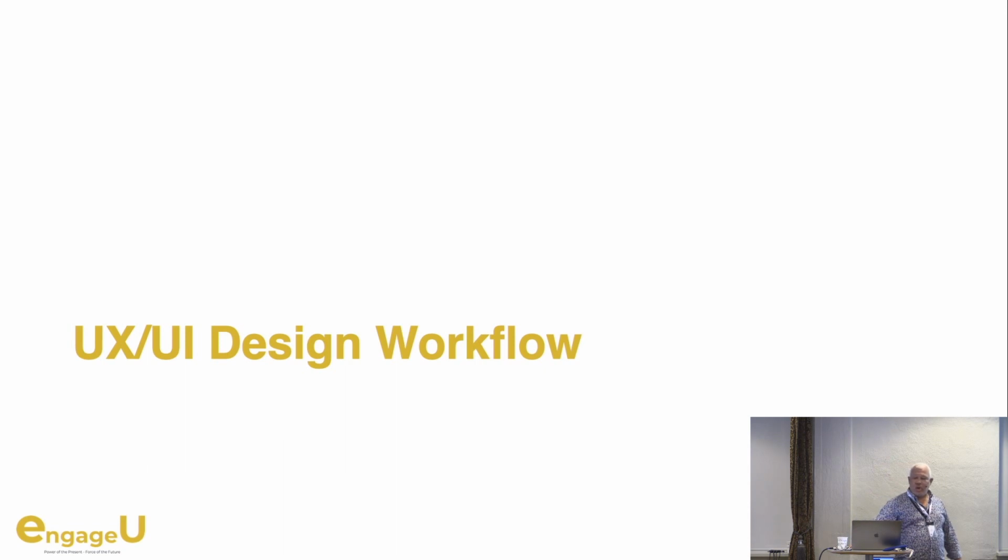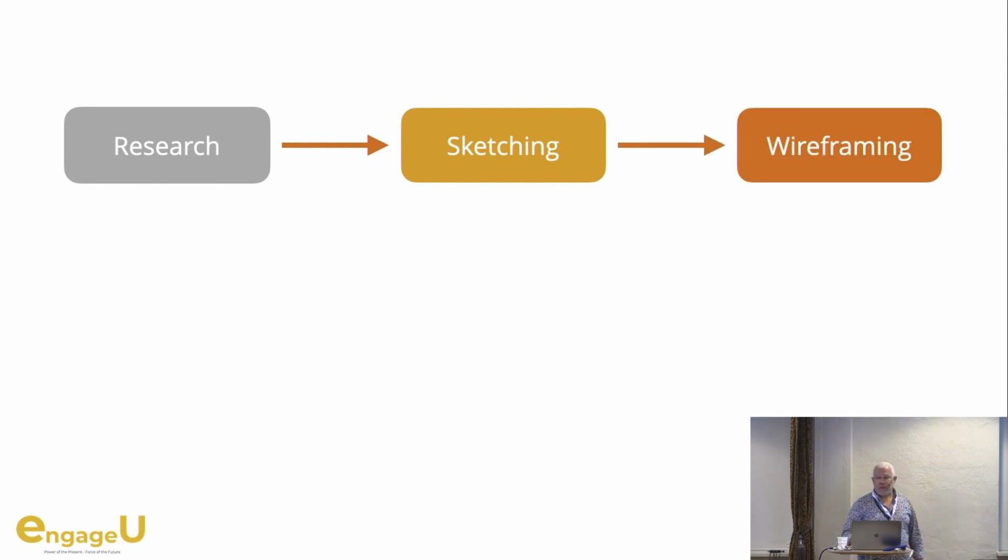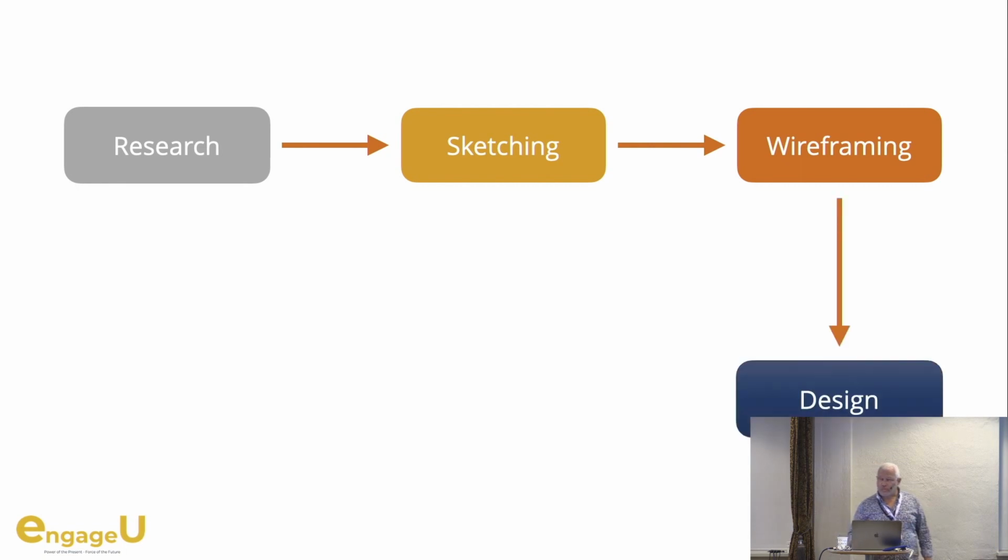In the UI UX design workflow, a little reminder, we usually start with research. After that, we do some sketching. Maybe you're used to this workflow. We do what is called wireframing. This is a simple structure of an application, of a solution.